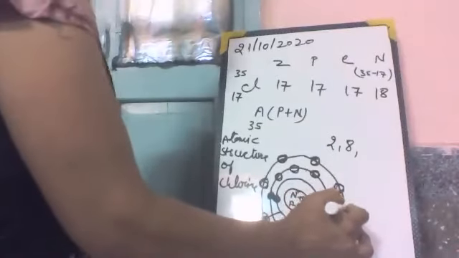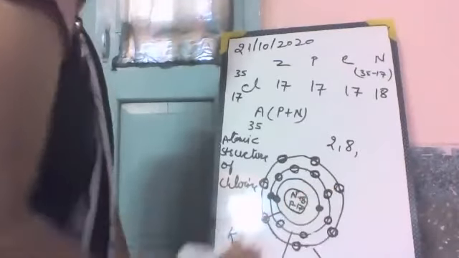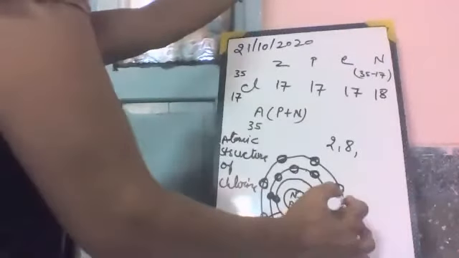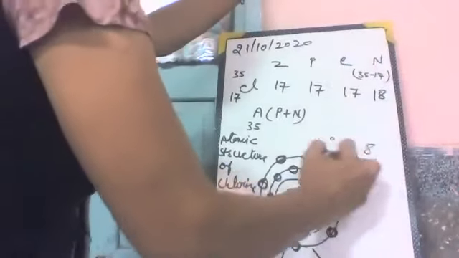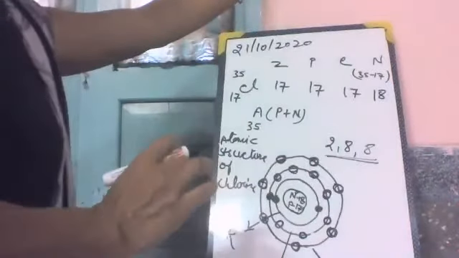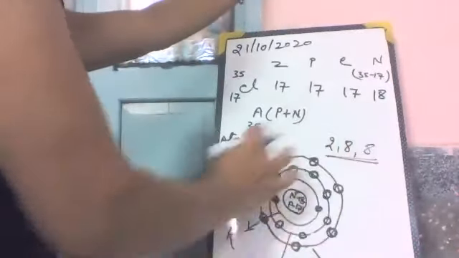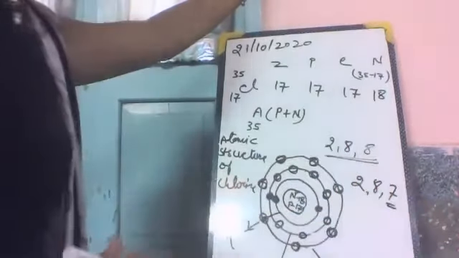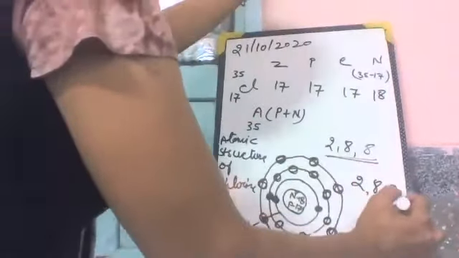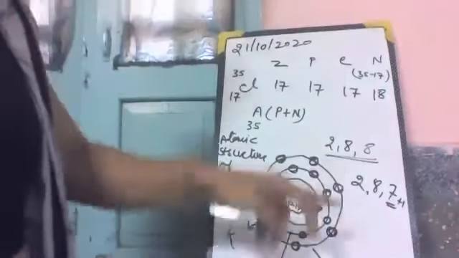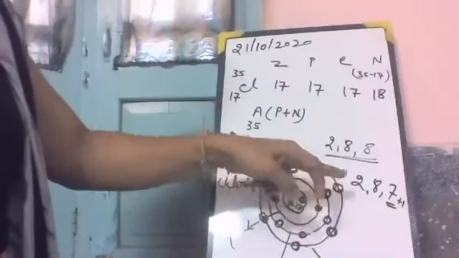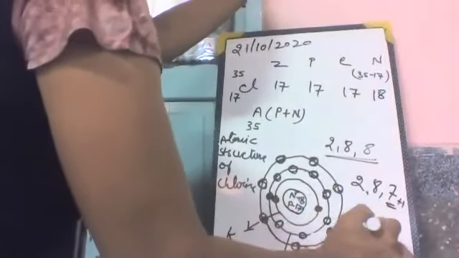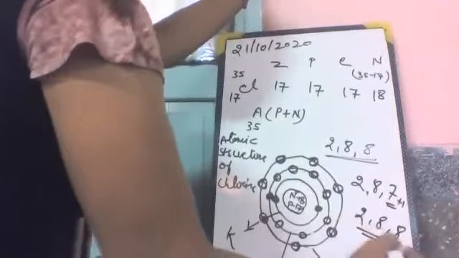See, one electron is required to complete the shell. The fully filled configuration is 2, 8, 8, and here it is 2, 8, 7. 7 electrons are present there, so it requires only one electron. If this orbit can take one electron, it changes into the 2, 8, 8 configuration.